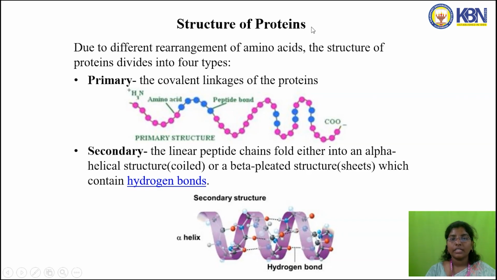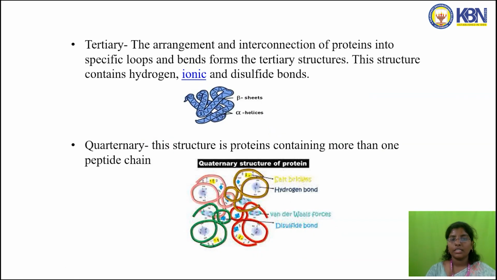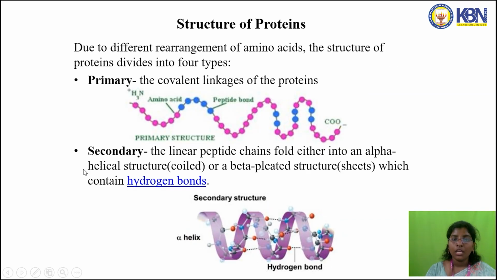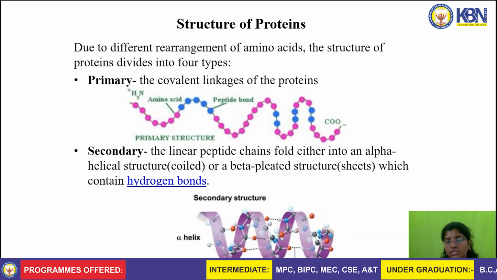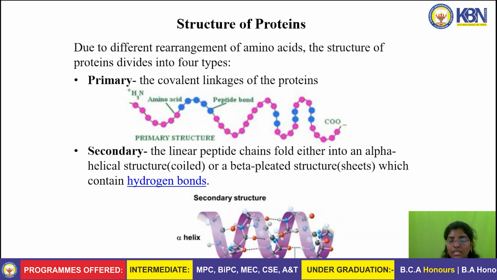Due to the different arrangement of amino acids, the structure of protein is divided into primary, secondary, tertiary, and quaternary. The covalent linkage of amino acids is the primary structure of the protein. This is the secondary structure of the protein, in which the linear peptide chains fold either in an alpha helical structure, like coils, or pleated structures, like sheets, which contain hydrogen bonds.